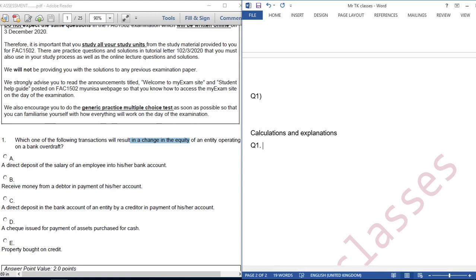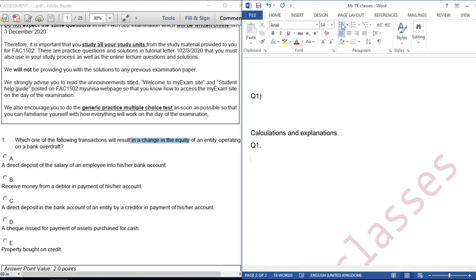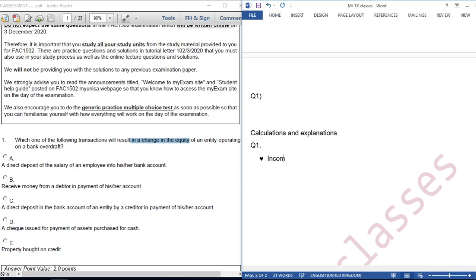So what can result in a change in the equity of a business? What will result in a change? 1 is income, 2 is expenses, 3 is capital additions or capital injection, 4 is drawings.